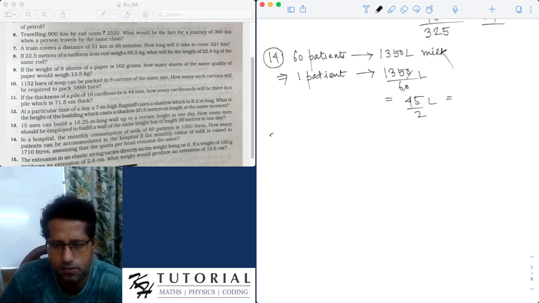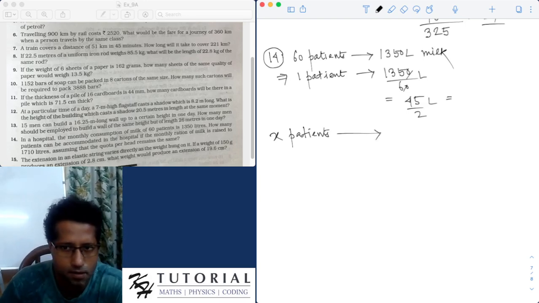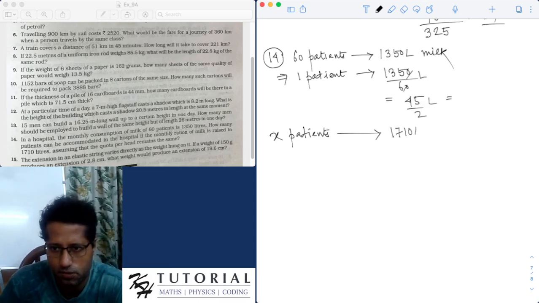So let's say X patients are accommodated and they are consuming 1710 liters of milk per month.